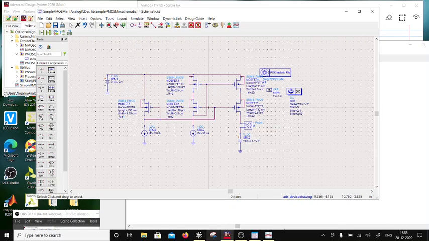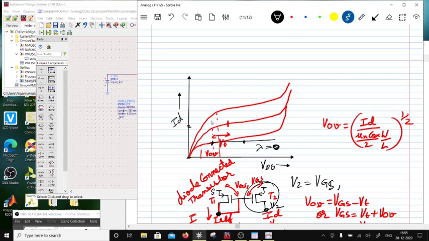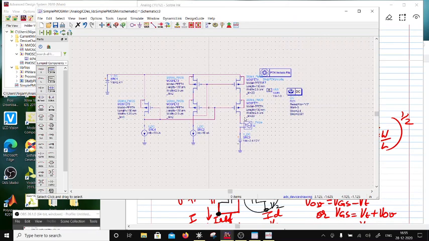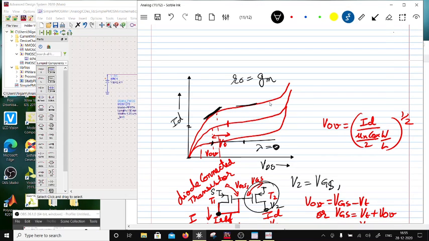The price to pay is the following. You know that the slope over here is going to be half the slope over here, right? Now you are forcing that device to be over here, then the output resistance is going to be Gm times Gm of this device, right? Gm Ro, which is Av.